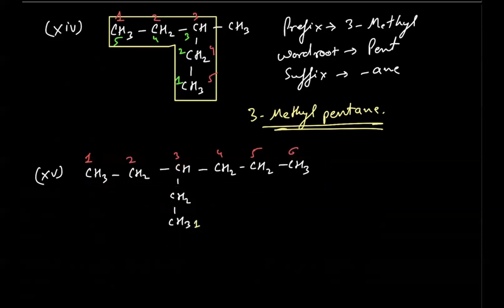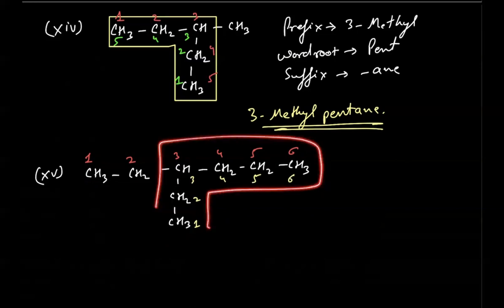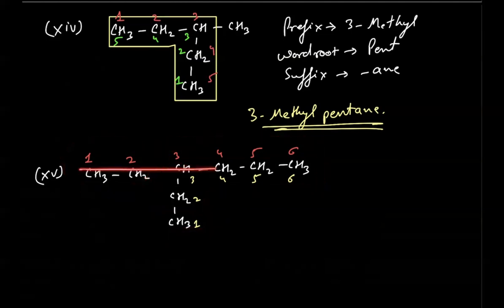So you have 1, 2, 3, 4, 5, 6. In this case also you have an ethyl chain left, and this is also placed at 3. So ultimately, it does not matter whether you take the longest chain straight or from left or right to bottom. The numbering for the side chain comes out to be 3. So you take either of these and name it.